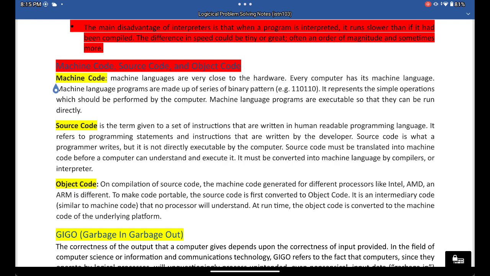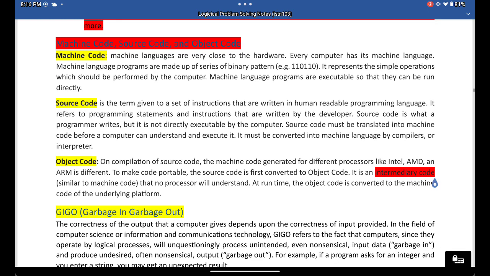The object code is generated as an intermediary code. What that means is it works in between. Once you write your source code, it goes to the translator, which translates it first to object code. From the object code, it goes to the machine code, which our computer understands.